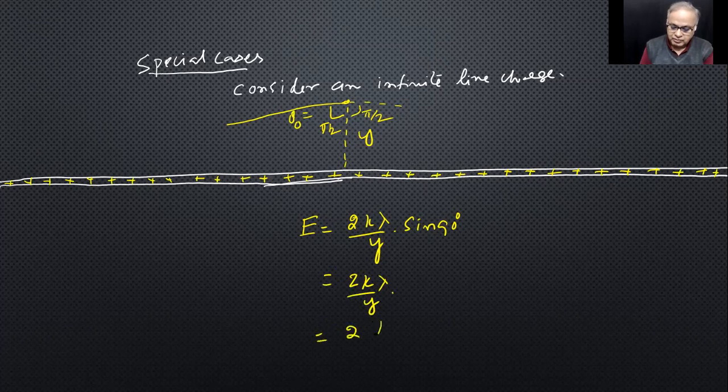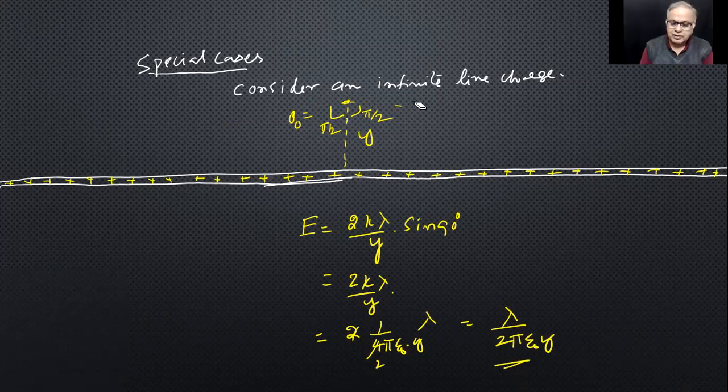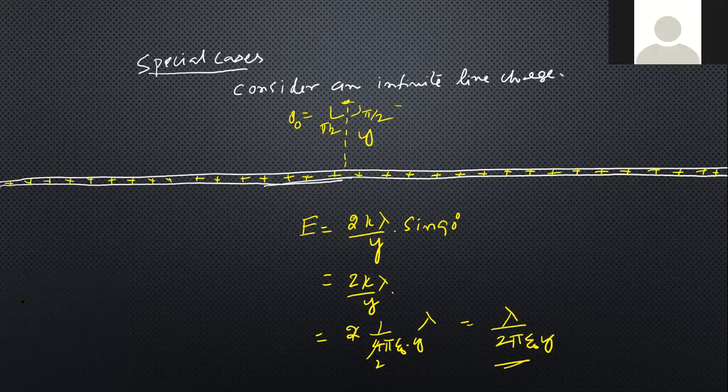If you'd like to write 1 by 4 pi epsilon 0 also, you can write. Hope people understood why these angles are pi by 2. Because these ends we don't see. This is here, this is there. Right. I'll go to the next one.